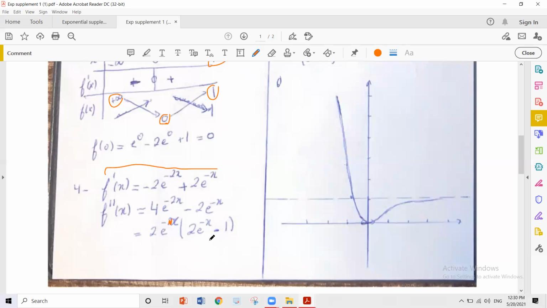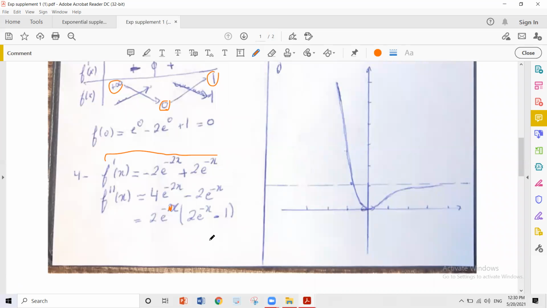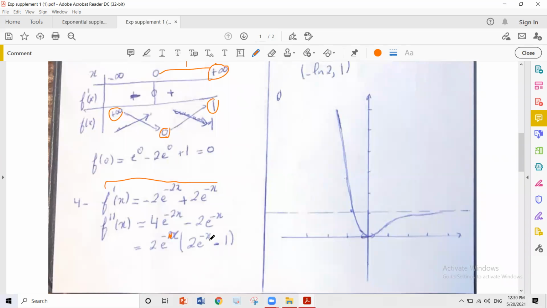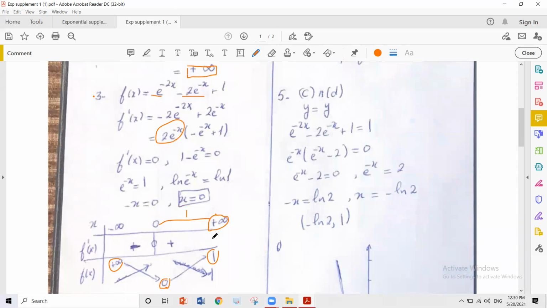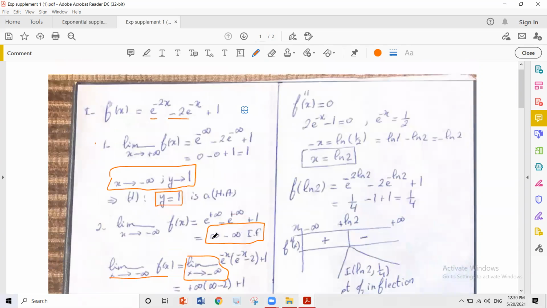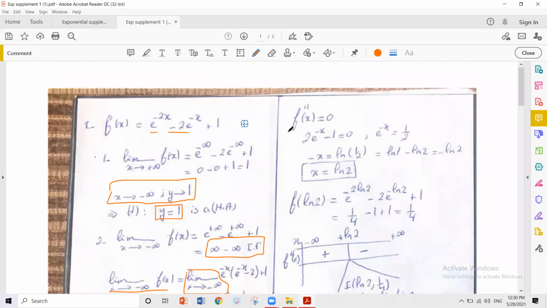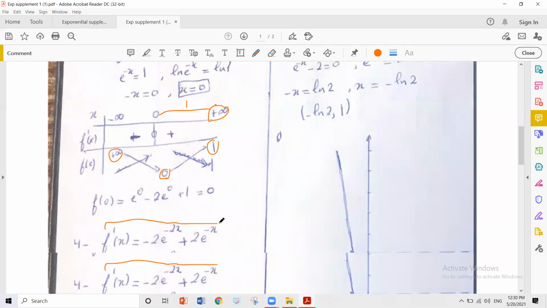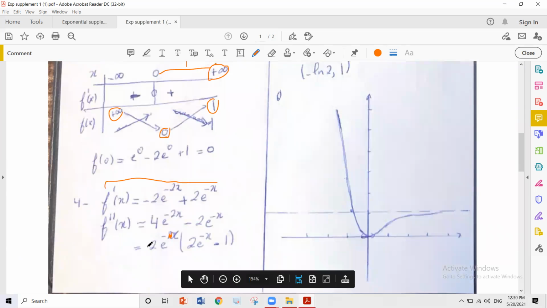Now we solve: the second derivative is 0. It means that 2 e to the minus x, which is always positive, cannot be 0.